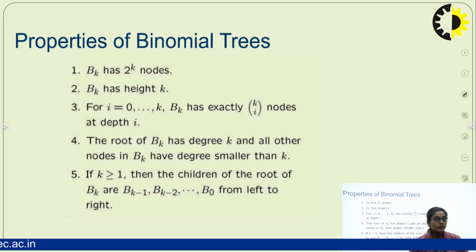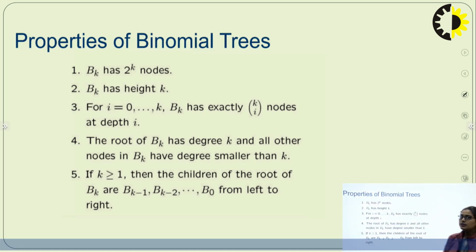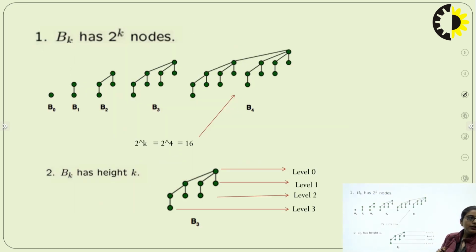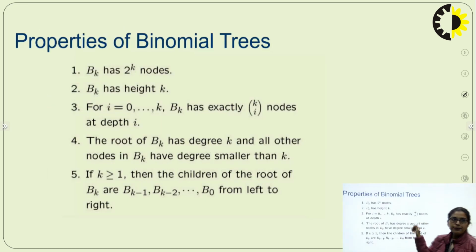Next, there are some properties which every binomial tree has to satisfy. The first one is Bk has 2 to the power k nodes. In the next slide, one by one, we are going to prove all these properties.